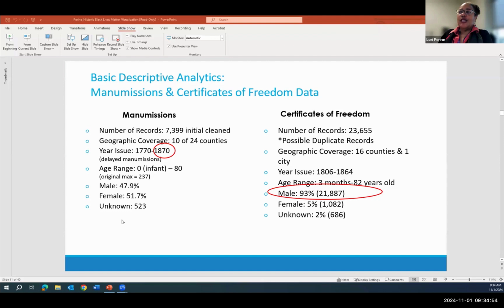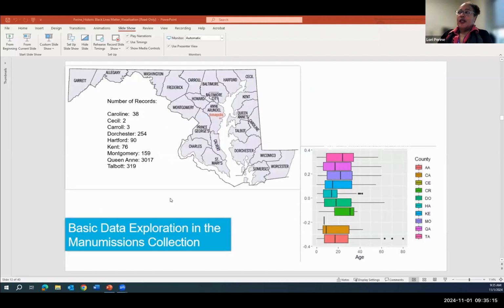This gives you a sense of just some of the basic descriptive analytics of the human beings that are codified in those documents, from infants to 80-year-olds. It's fairly well split between male and female as well.